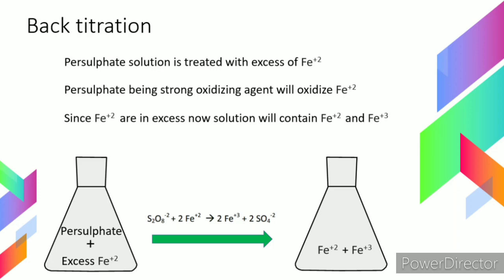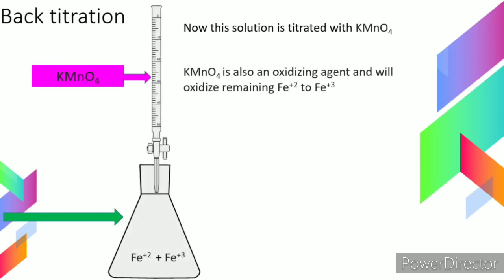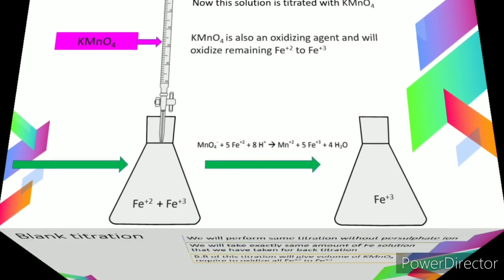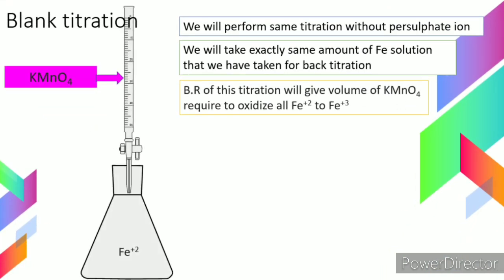Next, this solution is titrated with KMnO4. KMnO4 is also an oxidizing agent and it will oxidize the remaining Fe+2 to Fe+3. In step 3, that is blank titration, we will perform the same titration without persulfate ion. We will take exactly the same amount of Fe solution that we have taken for back titration.